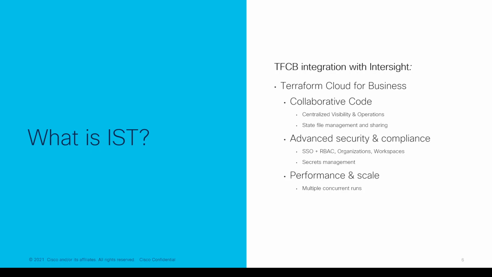Also, we've got advanced security and compliance. So there's an SSO integration between TFCB and Intersight. And we also have role-based access control, organizations, teams, users, workspaces, and all those other constructs that you can really design in whatever way makes the most sense for your organization, as well as secrets management. So we had said that in the .tfvars file, you can often have some clear text passwords, and that's not really great from a security standpoint. So Terraform Cloud for Business has a secrets management capability built right into the platform.